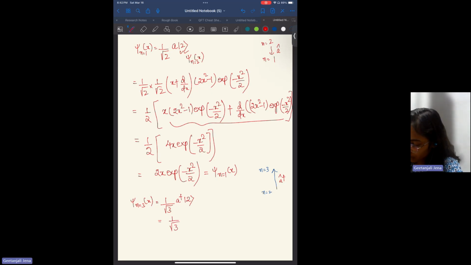This will be 1 by root 3. A dagger is x minus d by dx. There is also 1 by root 2 here. And psi 2 is 2x square minus 1 exponential minus x square by 2.